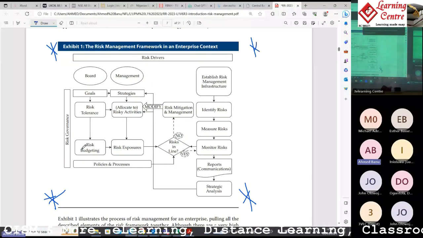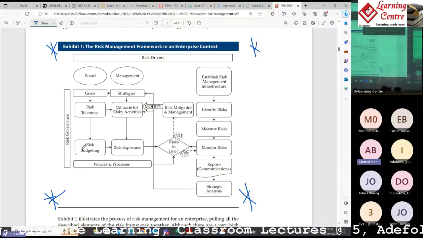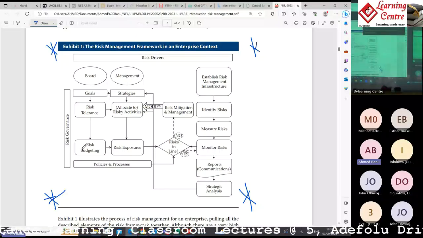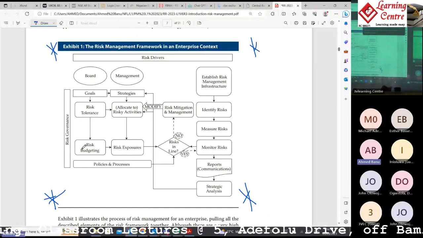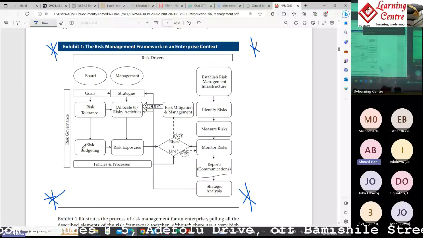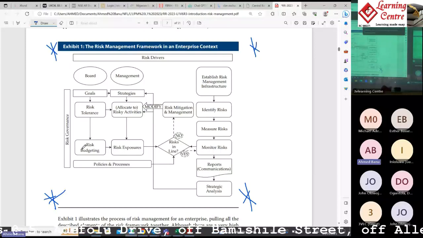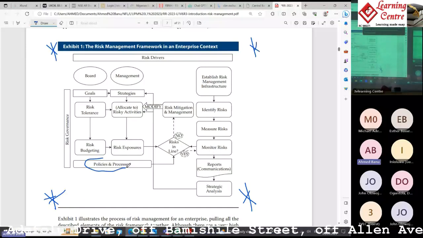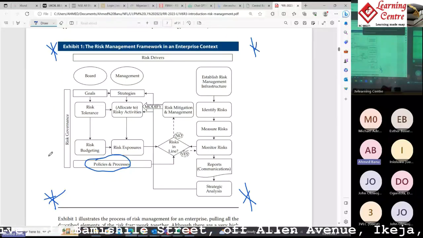Then you have the risk budgeting that looks at how risk is shared across different risk activities of the organization. Then you have your risk exposure, to determine what level of exposure you have to the different risks that you have been able to identify. Then you have the policies and the procedures that drive the activities within the organization.